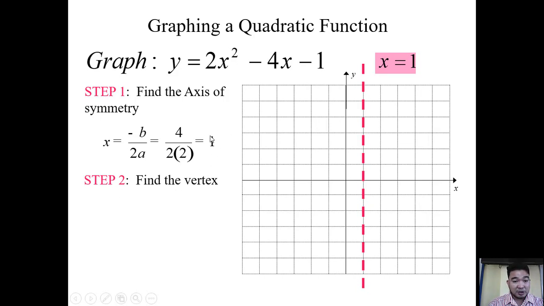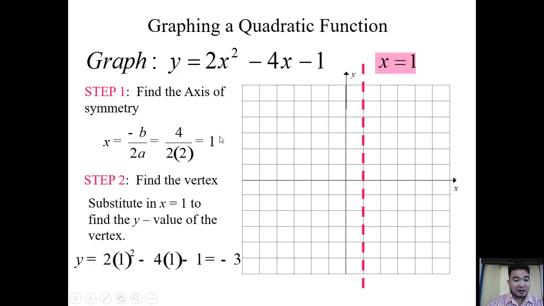We are going to use this value, the value of our x, substituting that value into the original equation. So you will have y equals 2 times 1 squared, minus 4 times 1 minus 1. And then simplifying it, you will have 1 squared is 1 times 2.